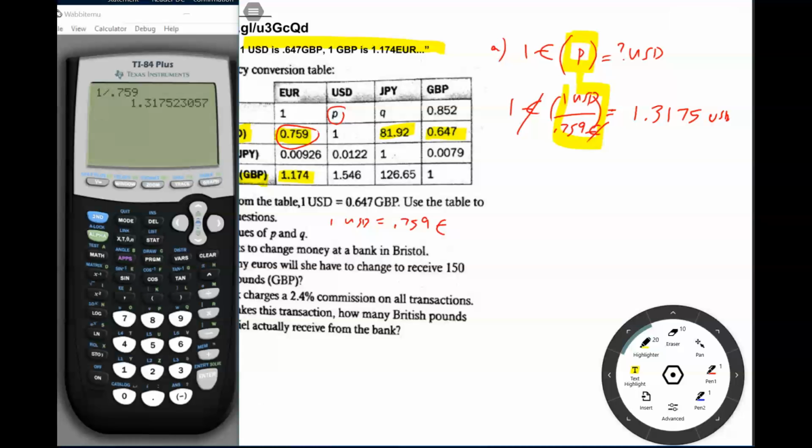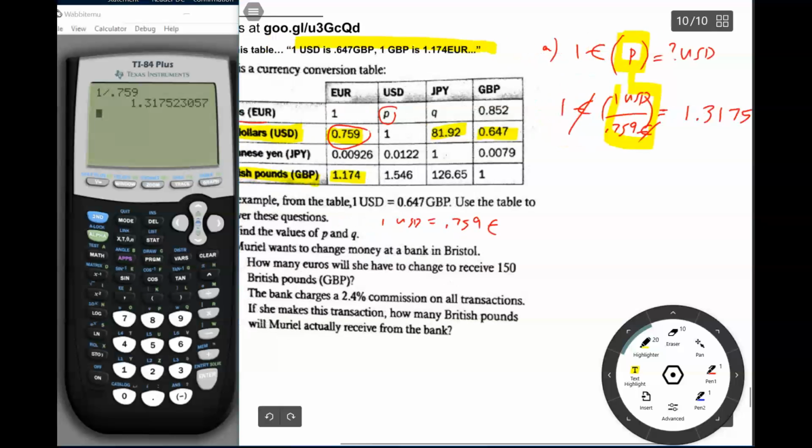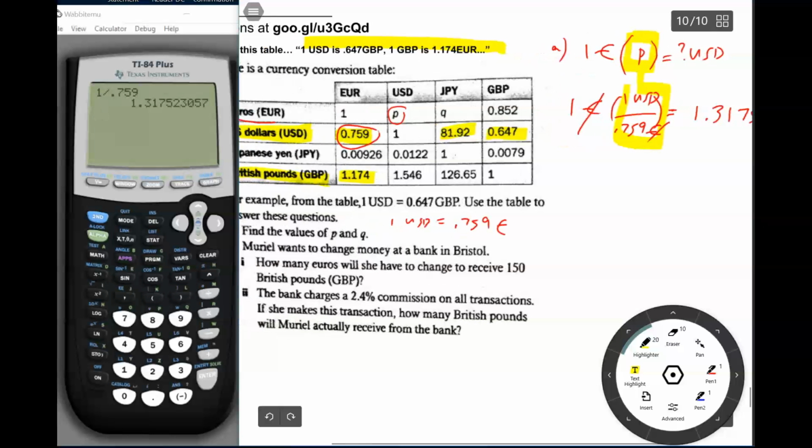The other thing you can kind of see is in this table, do you see that whenever you have an exchange rate in one direction, like 1 GBP is 126 Japanese yen, we also have the opposite, which is 1 Japanese yen is 0.007579 GBP. So it turns out that these two are reciprocals.